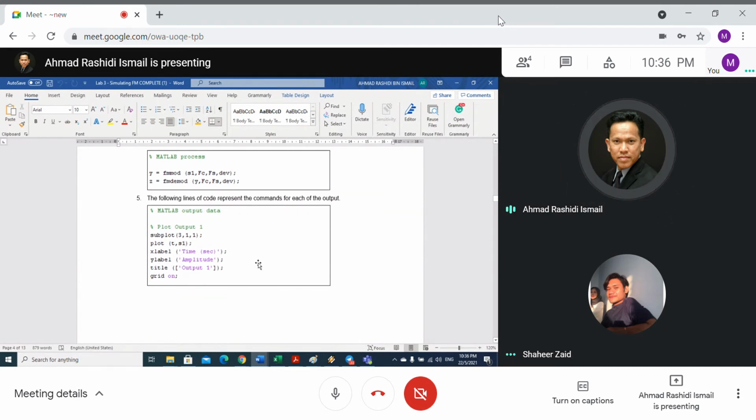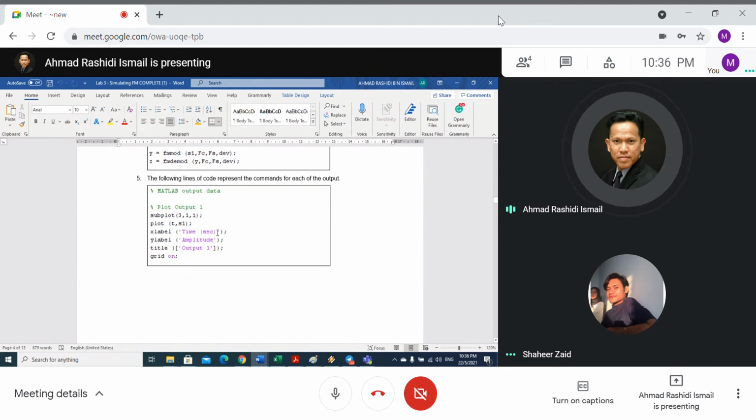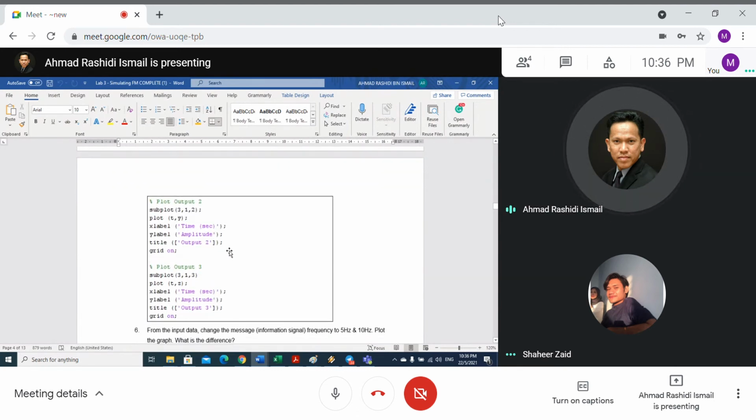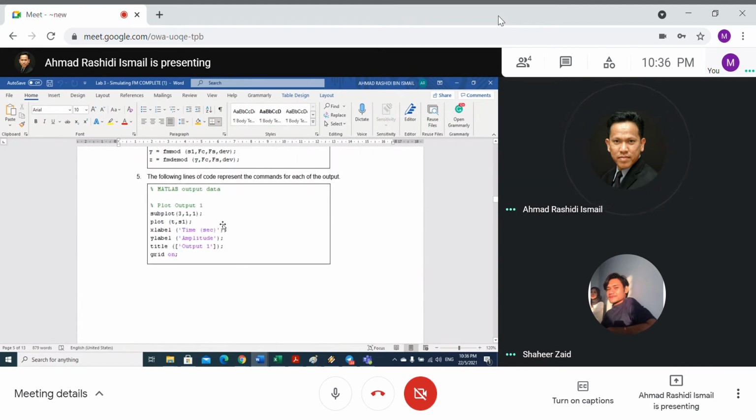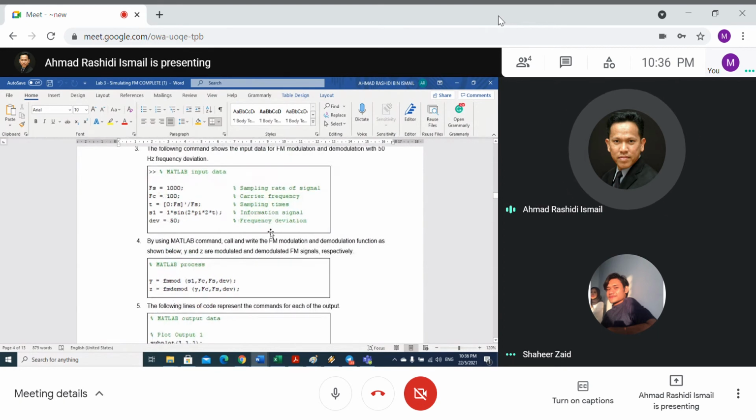Next, this is the output data, which contains three outputs: plot output 1, plot output 2, and plot output 3. Plot output 1 represents S1, the information signal.